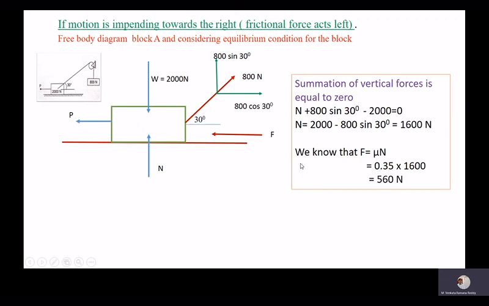Now summation of horizontal forces equal to 0. What are the horizontal forces here? P, F, 800 cos 30. Leftward forces are negative, rightward forces are positive. Then P plus F is equal to 800 cos 30.